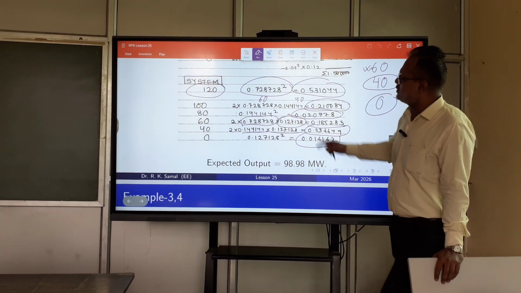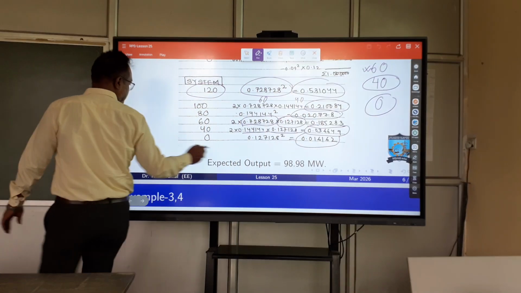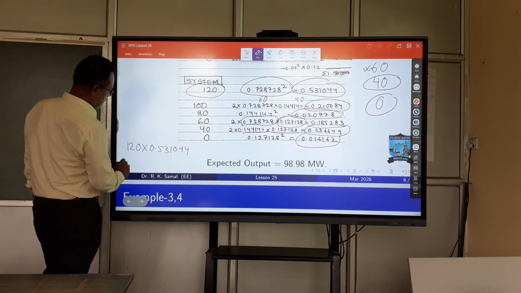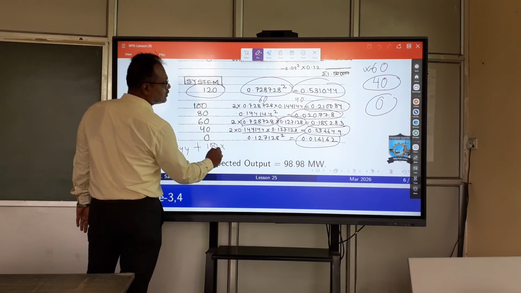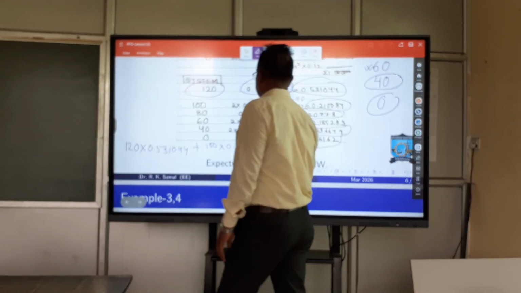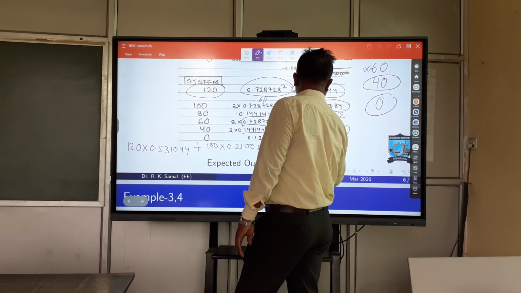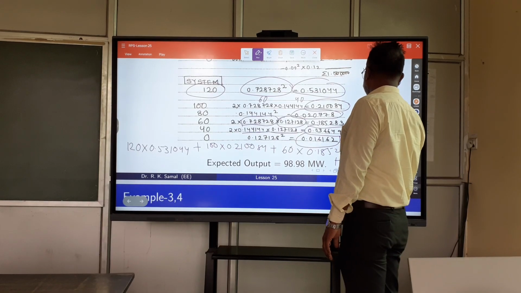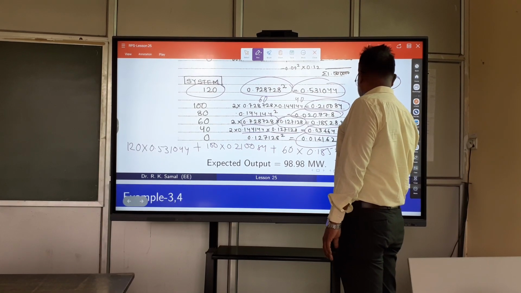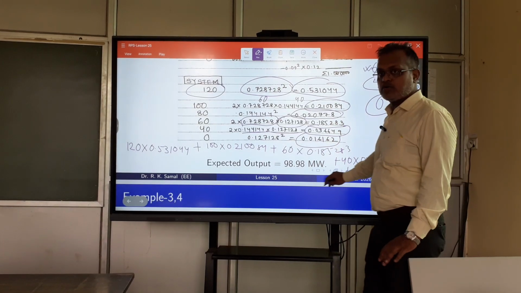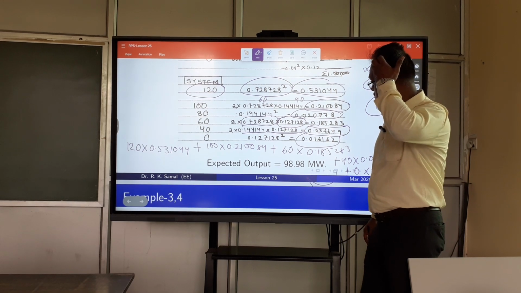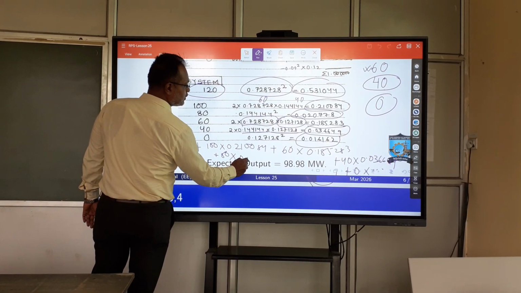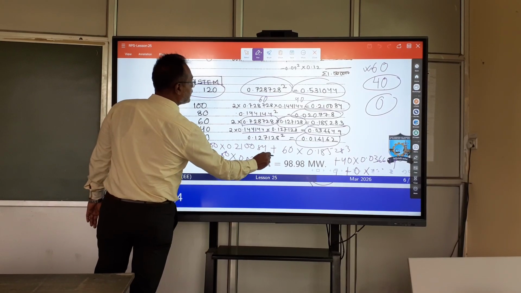So, what is the expected output? How to compute this? Expected output is equal to 120 into 0.531044, plus 100 into 0.210084, plus 60 into 0.185283, plus 40 into 0.036649, plus 0 into, plus 80 into 0.020773.